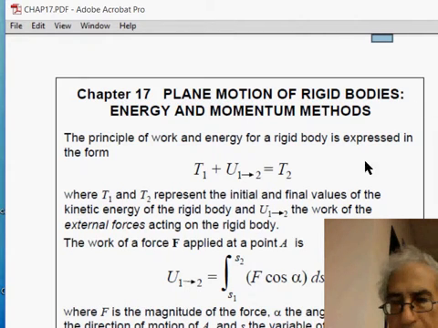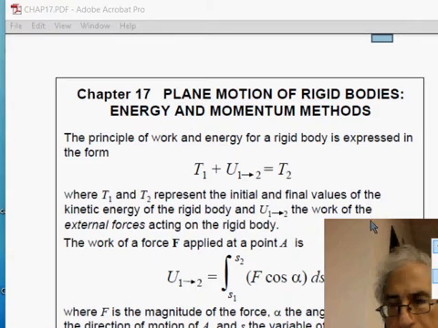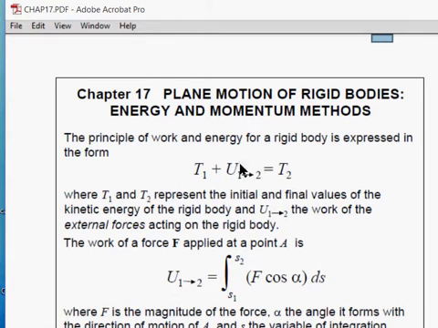So let's consider first the basic principle, the principle of work and energy, that says the kinetic energy at position 1 of the body plus the work done by the external forces should be equal to the kinetic energy at the second position of the body.